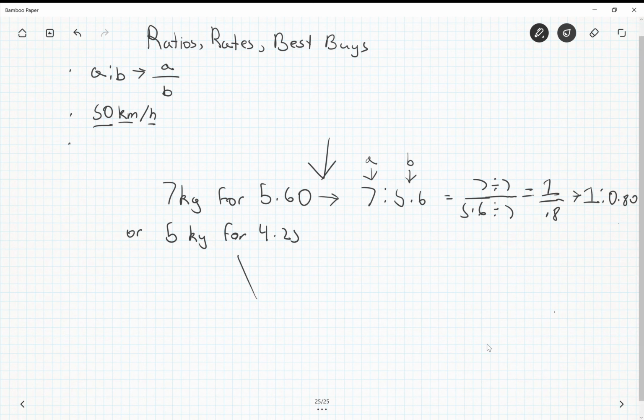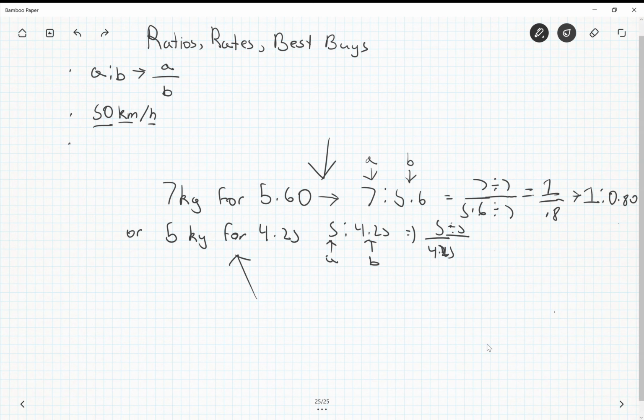Now we do the same for this, and then we can find which one is the better buy. So 5 kg for $4.25. So then we can do 5 to 4.25, where 5 is A, 4.25 is B, and this would then equal 5 over 4.25. And you would notice if you divide both sides by 5, this side would equal 1, right? So it would be 1 kg equals a certain amount of dollars.